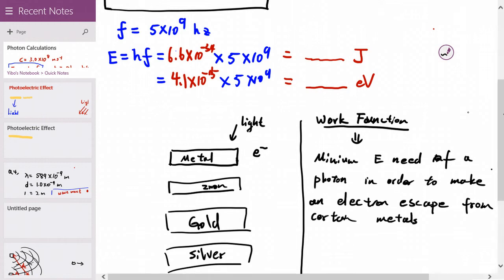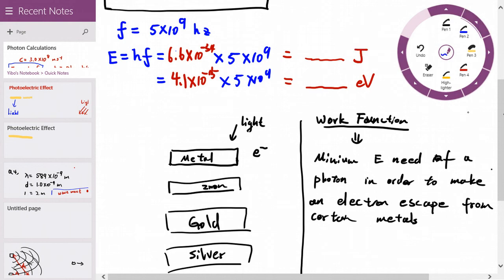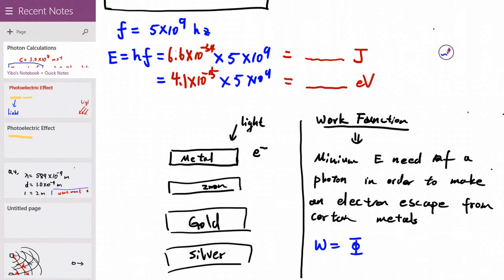The symbol for work function, the minimum energy, is W or this Greek letter there, and it's calculated as h times f0. h is our Planck's constant, and f0 is the minimum frequency that I need to supply to a certain metal so its electron would move away.